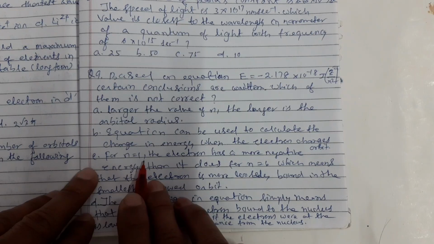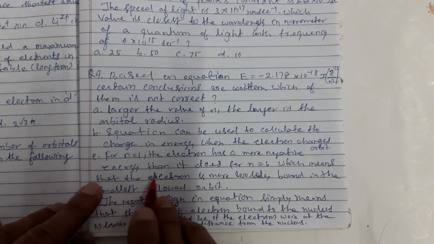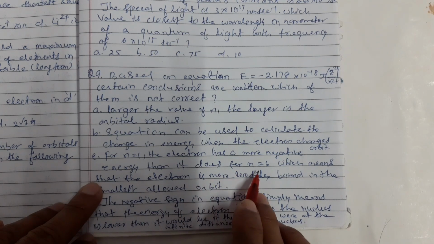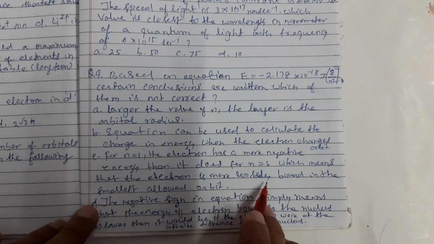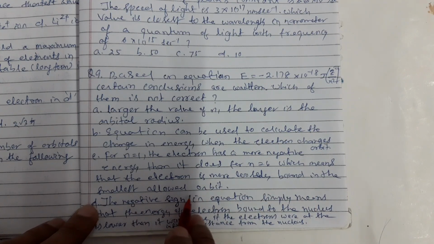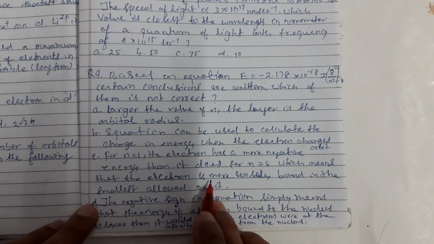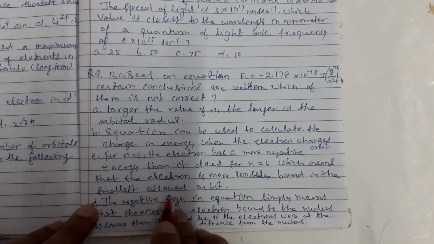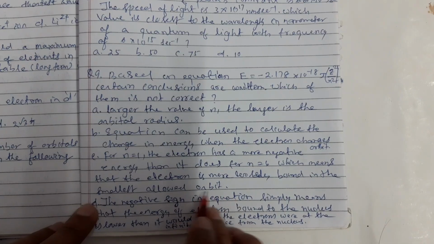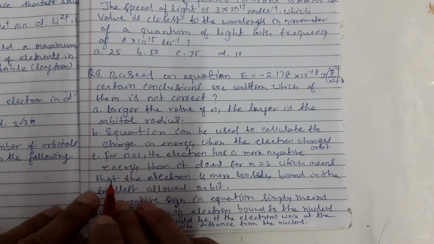For n equal to 1, the electron has a more negative energy than it does for n equal to 6, which means that the electron is more loosely bound in the smallest allowed orbit. The first portion is correct, but the second portion is wrong: the electron is more tightly bound in the smallest allowed orbit. It is the wrong sentence. So choice C is the correct answer.